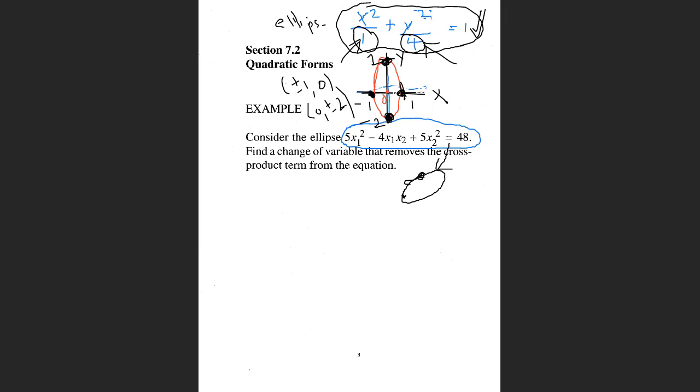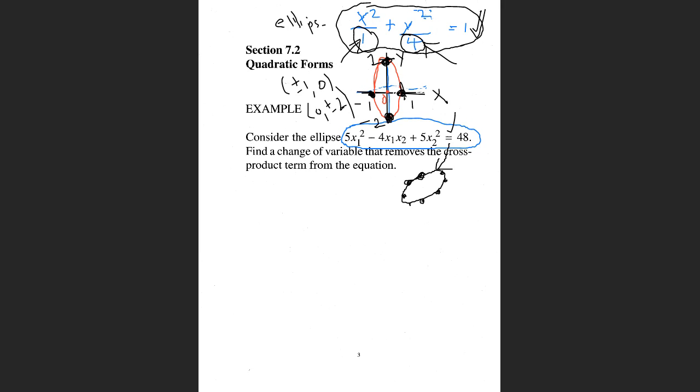You just plotted a bunch of points, maybe 20 points. Maybe you didn't, but at any rate, we agree that these oblique ellipses are difficult to graph, because how do you identify what the intercepts are?